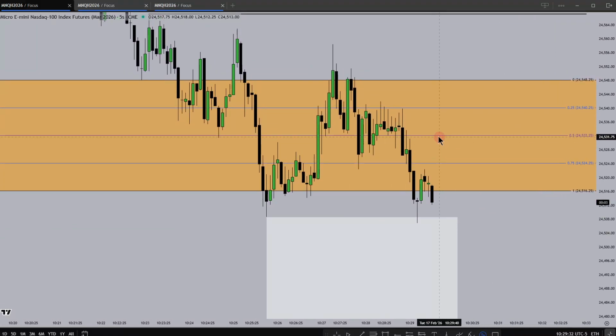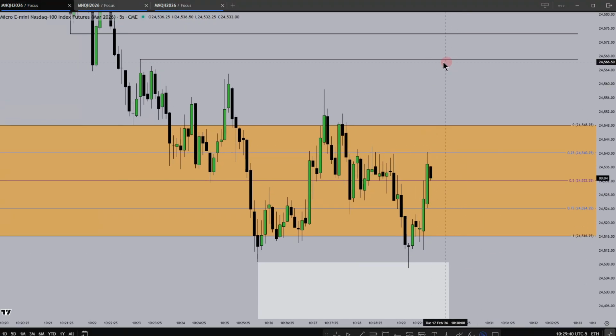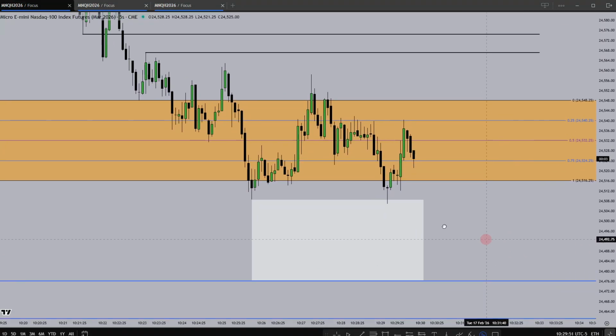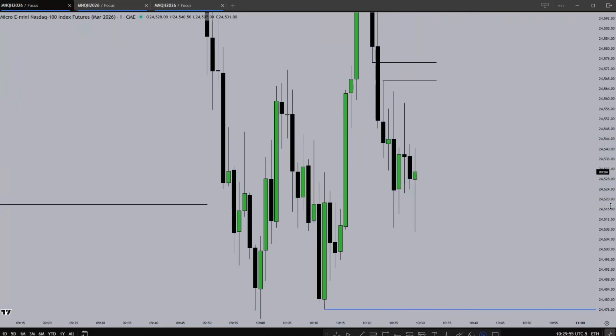Now, preferably if we're bearish in here, I would want us to stay beneath the consequent encroachment. Any run above that, then order flow may be targeting this inefficiency. Might get off for 5 seconds because people are lost.